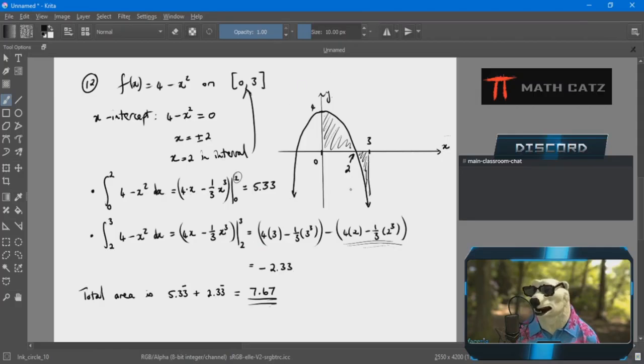Whether I can see the graph or not, when I'm looking for total area, I need to be aware that this positive-negative area calculation will cancel pieces in my definite integral if I do it all at once. So I need to manually go and separate them.